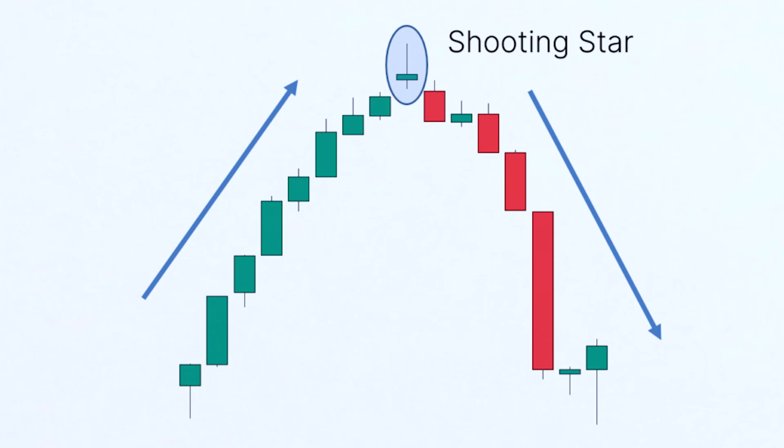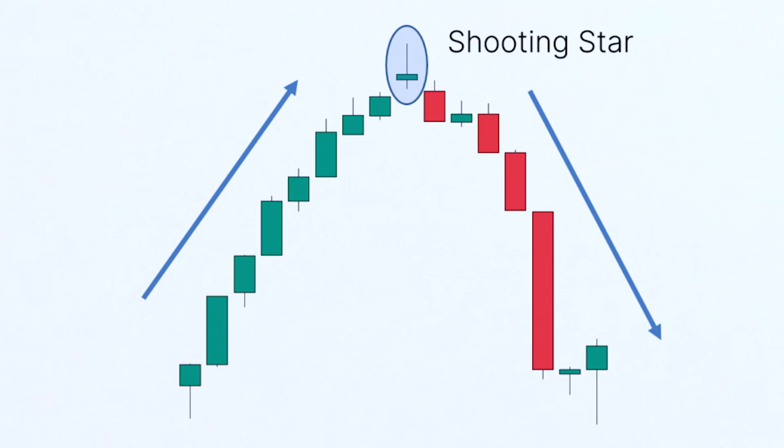In contrast, the shooting star pattern signals a potential reversal at the top of an uptrend. It has a small body near the lower end of the trading range and a long upper wick, indicating that buyers pushed the price higher, but sellers quickly took over, driving the price back down.